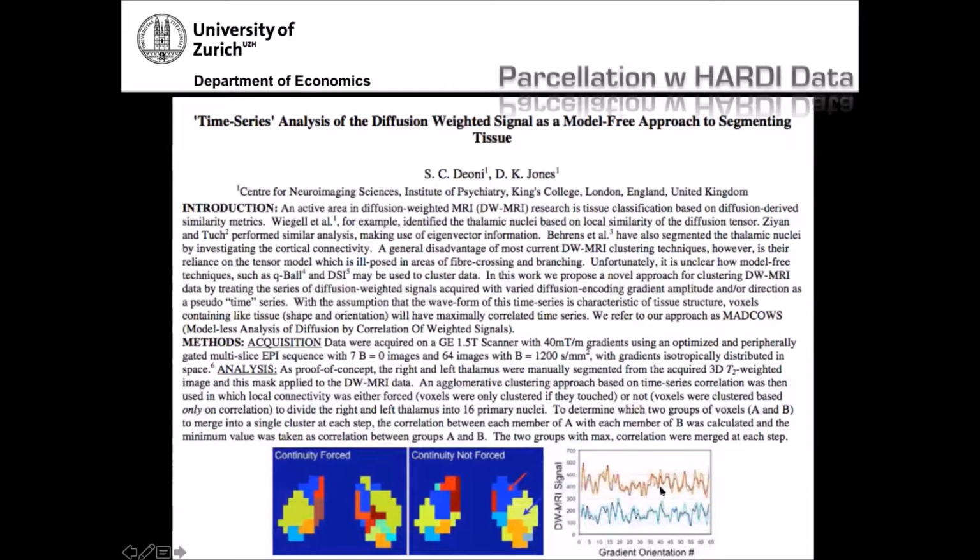And they could use this successfully to parcellate the thalamus, which I guess you know is a cluster of gray matter deep down in the brain.